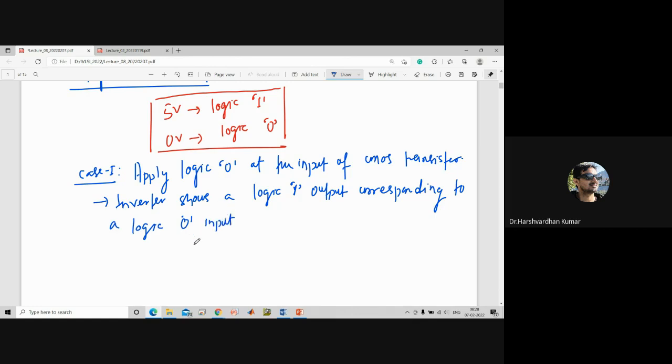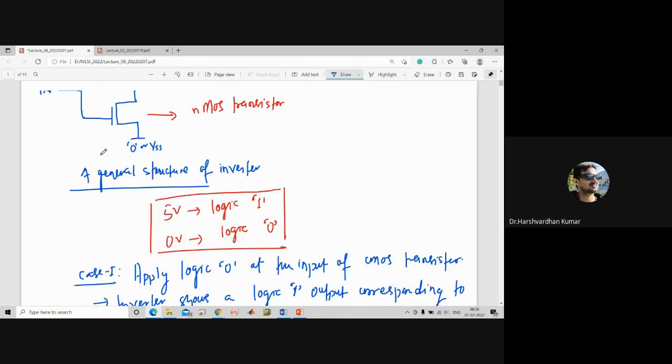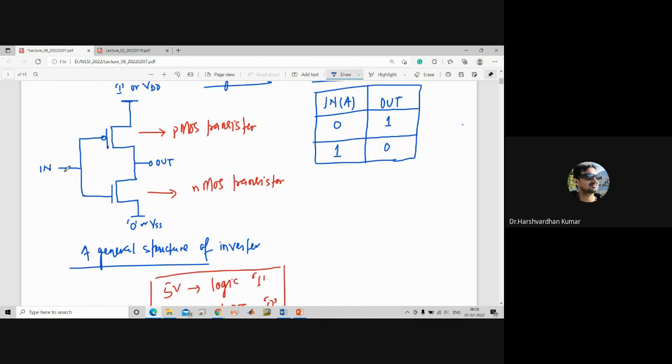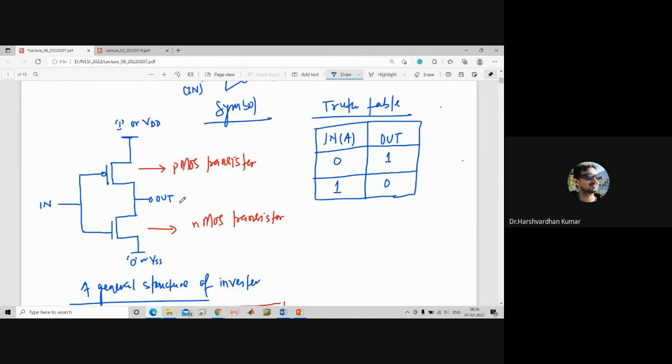This can be ensured by the P transistor. How are you getting the logic 1? Because if you apply logic 0, that is 0 volt, at the input terminal, then the PMOS transistor will turn on, and since the VDD terminal is connected to logic 1, you will get the output logic 1.